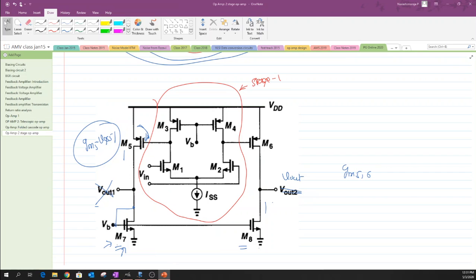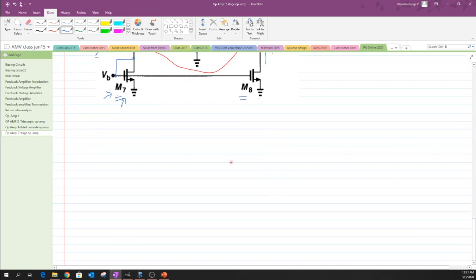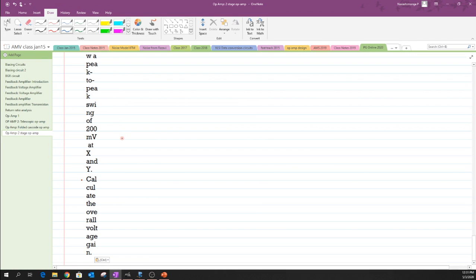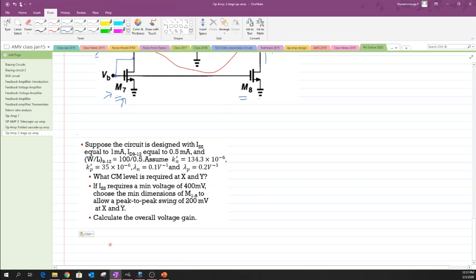Let me try to copy this, and let me just copy the circuit as well.